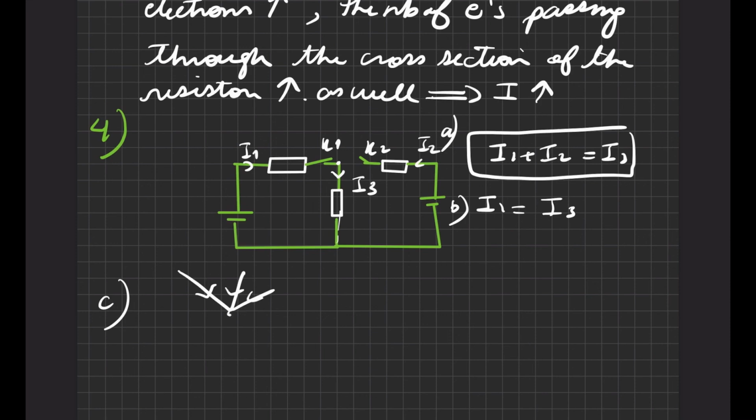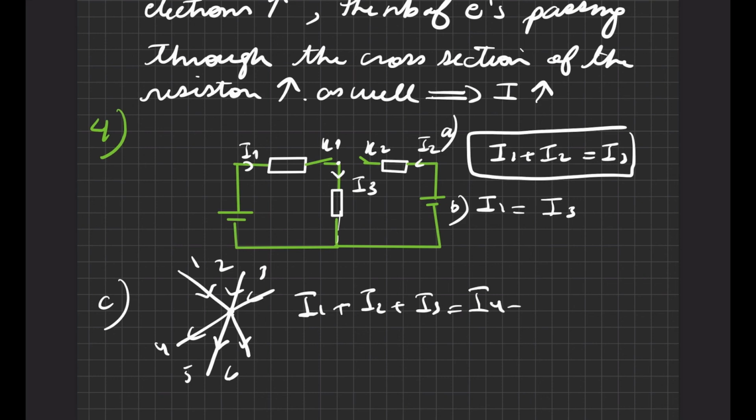The junction rule says that the sum of currents in is equal to the sum of currents out. So I1 plus I2 plus I3 equals I4 plus I5 plus I6, etc. This is the junction rule.